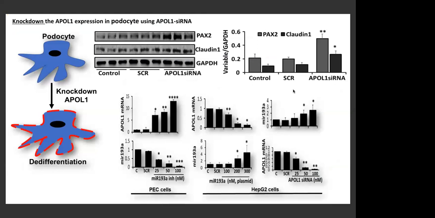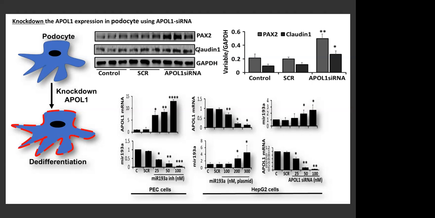So further to validate this, we took the podocytes and silenced the APOL1 in these podocytes, and we checked the expression of the PEC molecules, the parietal epithelial molecules, and we found that with the knockdown of APOL1, these podocytes get de-differentiated and show the phenotype of a parietal epithelial cell.